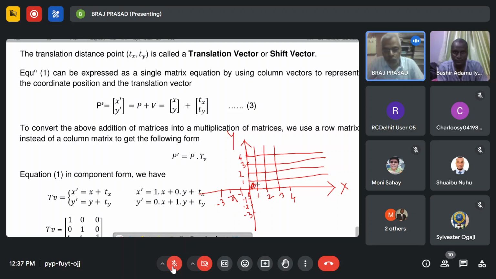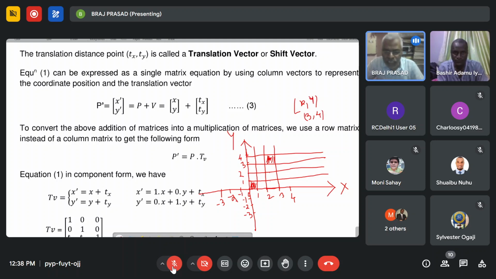I mean, this cell is represented by 1, 1, that is, the value of x is 1 and the value of y is 1. But at this place, it is 1 2 3. The value of x is 3 and the value of y is 1 2 3 4. So this is the way to find the value of x and y.